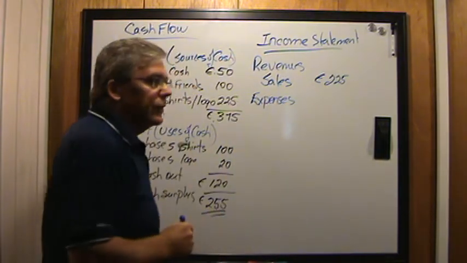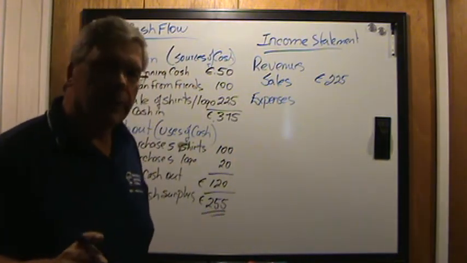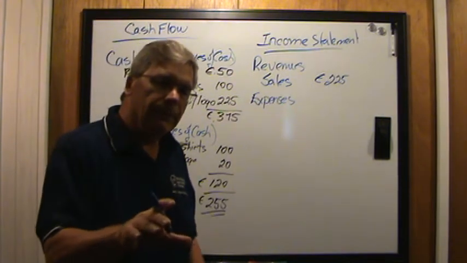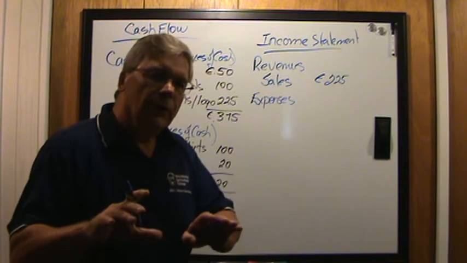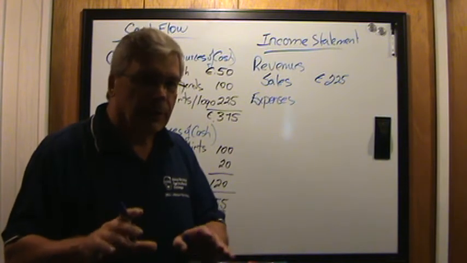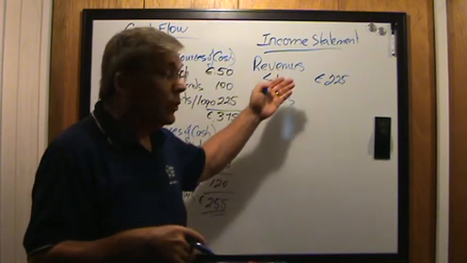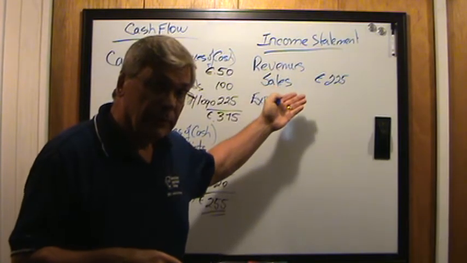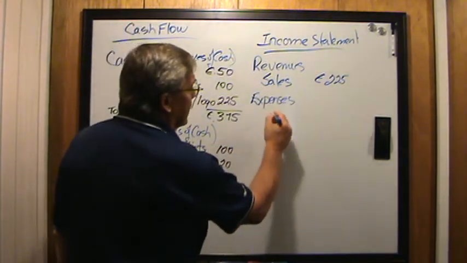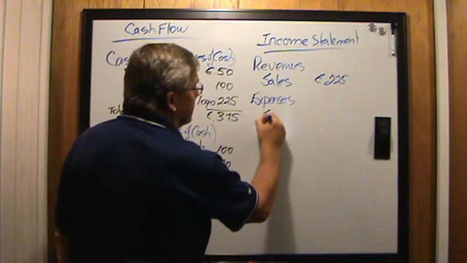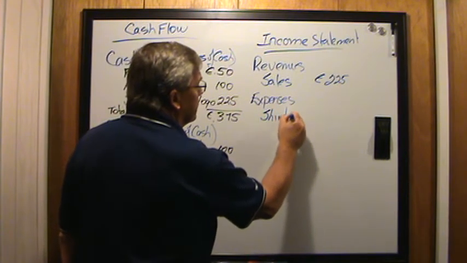Okay, now, expenses are a little trickier because remember what I mentioned a minute ago, that the expenses are those costs that were incurred in order to earn the sales. So one of the expenses was a shirt expense.